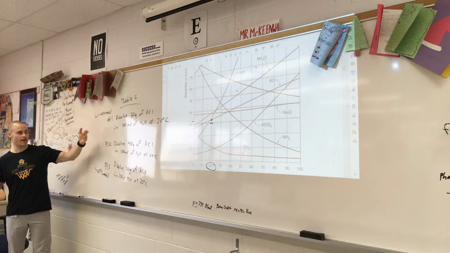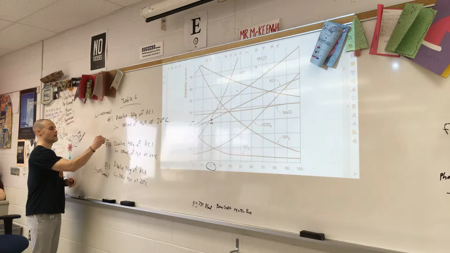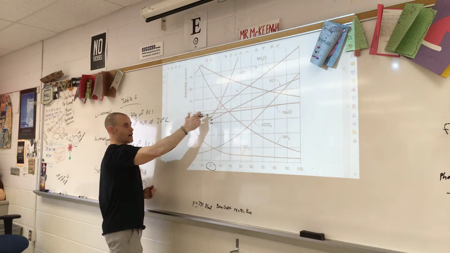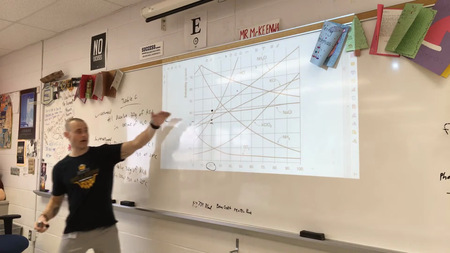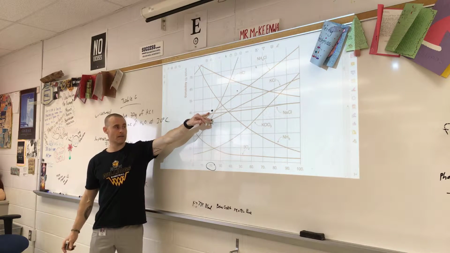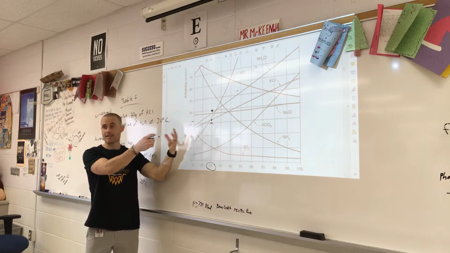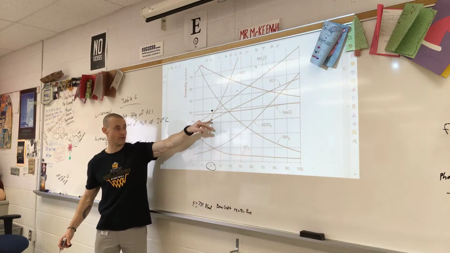And then by default, Kara, what's this? Supersaturated. And the same logic. Now I'm above the line, and that's 40 grams, right? Yeah. So 40 is above the line. Therefore, I added more than what this chart says I can add. This chart's telling me the max is 32 grams.